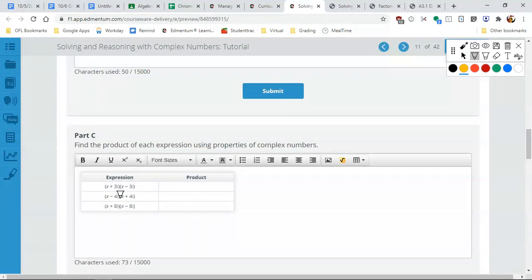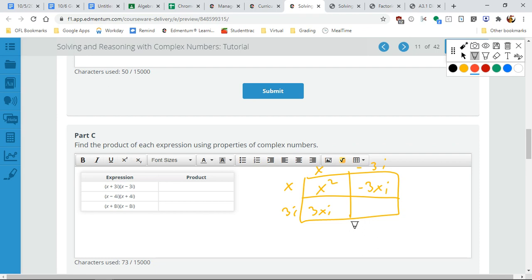So what's the product of these two? Check this out. I'm going to do a box method to multiply these. I have this x times 3i, and then this x times negative 3i. Here I get x squared. Over here I get 3xi, and over here I get negative 3xi. Right off the bat, I can see that these two are going to cancel out. And then 3 times 3 is 9, and then I get i squared.